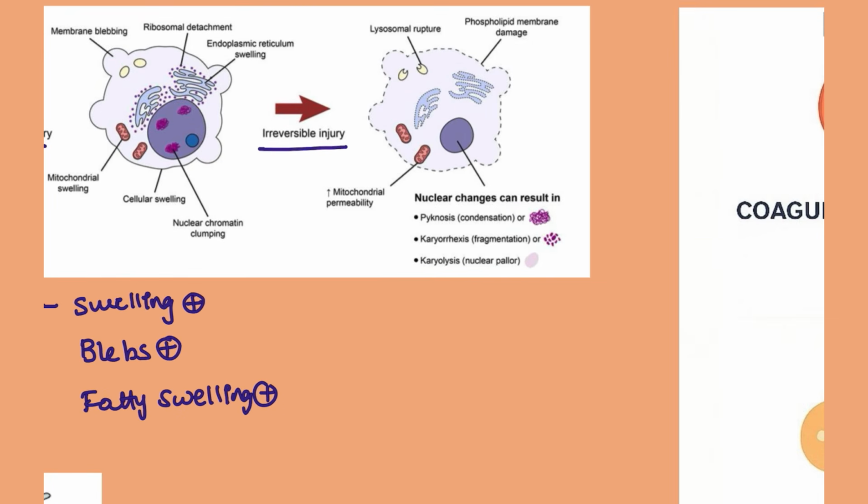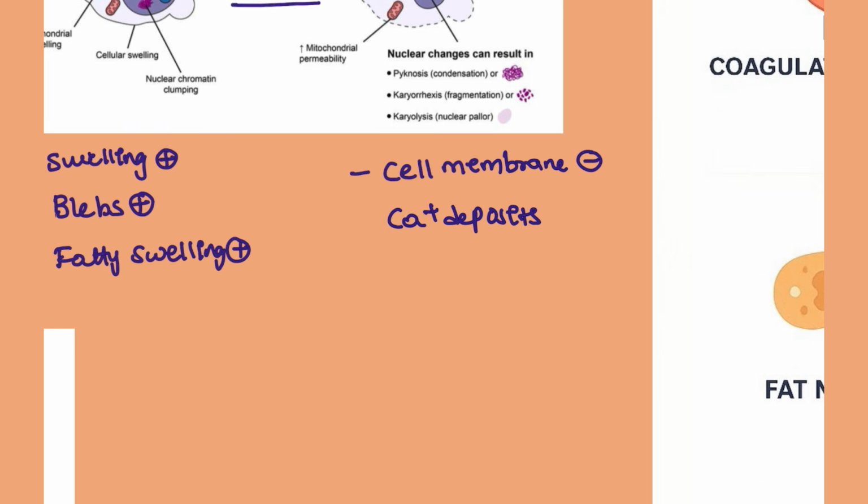Next, severe stress can cause irreversible damage. What happens in irreversible damage? You don't see the swelling, but rather the cell membrane is disturbed and calcium deposits will be seen. These calcium deposits under the electron microscope appear as amorphous densities.